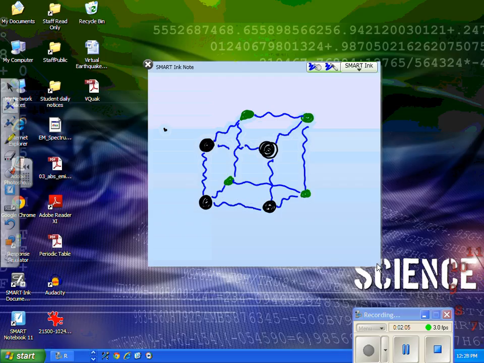Now, in chemistry, you're typically taught about covalent bonding and ionic bonding. Covalent bonding is where 2 atoms share electrons to satisfy their need for energy balance in the outer shell.